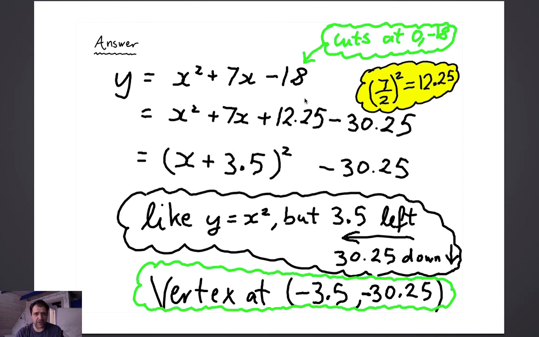So that whole thing is the same as (x plus 3.5) all squared minus 30.25. So that tells us that the graph of that is going to be like the graph of y equals x squared, but shifted 3.5 to the left and 30.25 down. So it will have a vertex at minus 3.5 and minus 30.25.